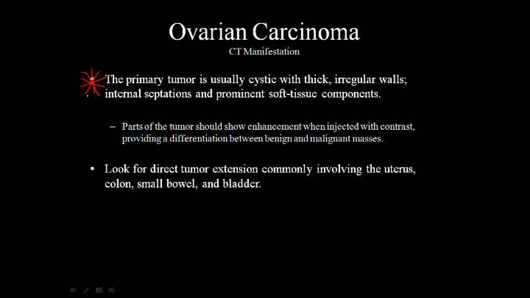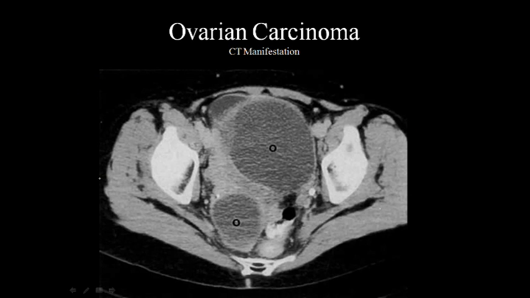Parts of the tumor should show enhancement when injected with contrast, providing a differentiation between benign and malignant masses. So you're going to look for tumor enhancement here. Look for direct tumor extension, commonly involving the uterus, colon, small bowel, and bladder. So it may actually have progressed into other parts of the body as well.